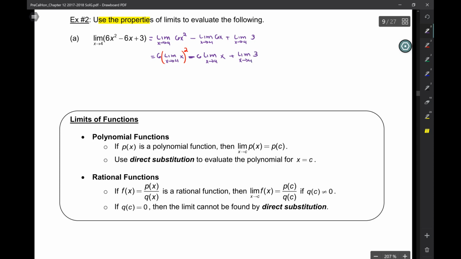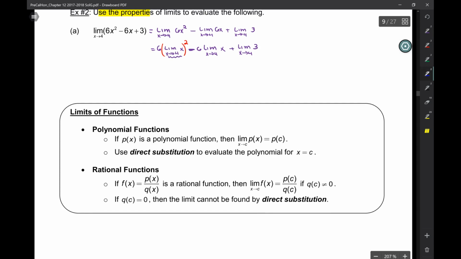The reason why I did that is because I know what the limit as x approaches c of a constant is, and I know the limit as x approaches c of x, right? So, how much is just this, the limit as x approaches 4 of x? This is x. What's the limit as x approaches 4?